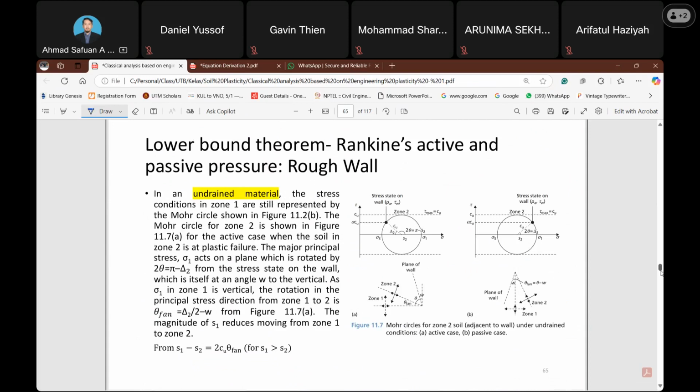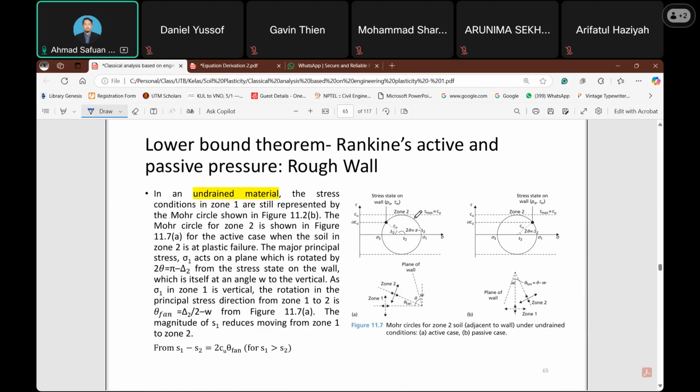Then the Mohr circle for zone 2 is shown in figure 11.7a. So this is the Mohr circle for zone number 2.